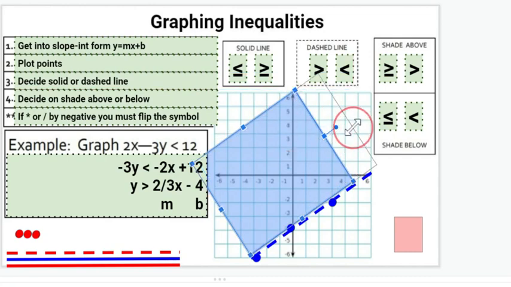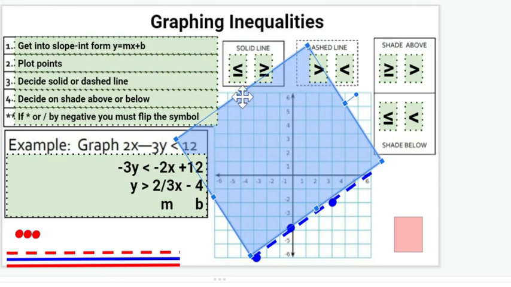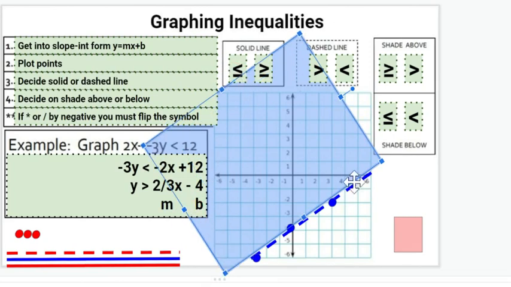So ideally, my blue shade would cover up all of this space over here, right? And all down here. Let's just go ahead and extend it. It's going on forever. So it would continue to go out in this area forever.